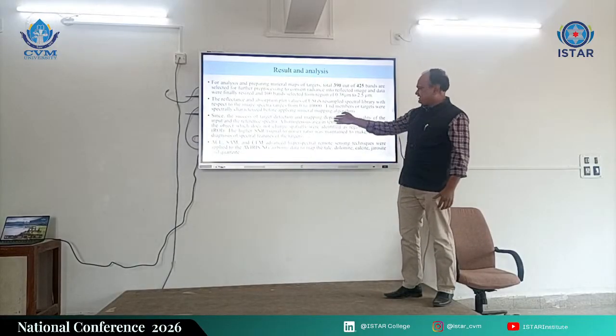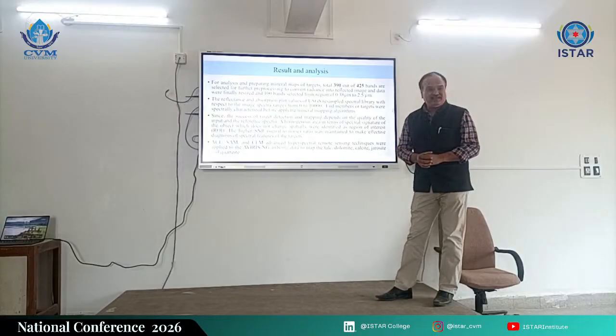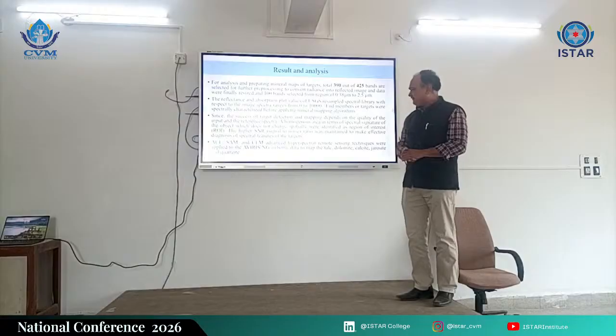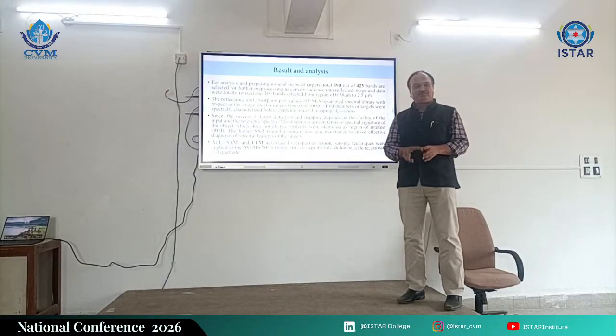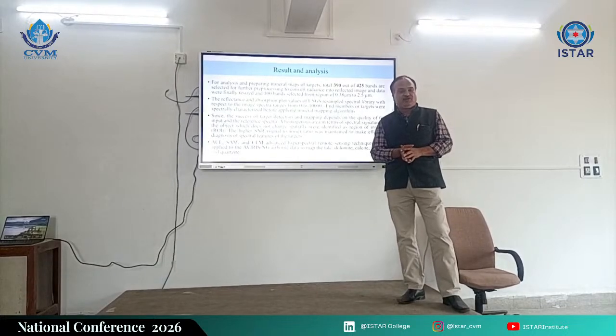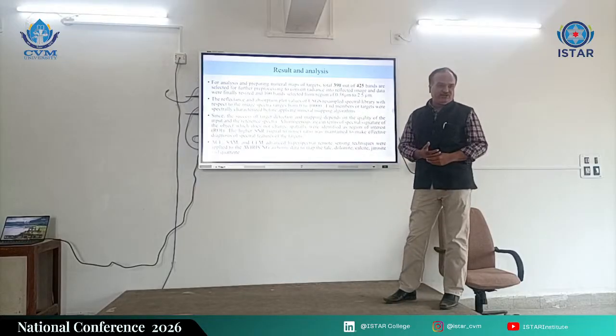Since the success of target detection and mapping depends on the quality of the input spectrum, a homogeneous area in terms of spectral signature, which does not vary spatially, is considered as the region of interest.